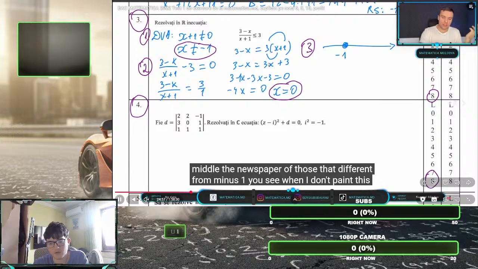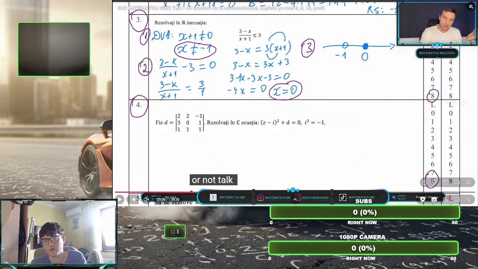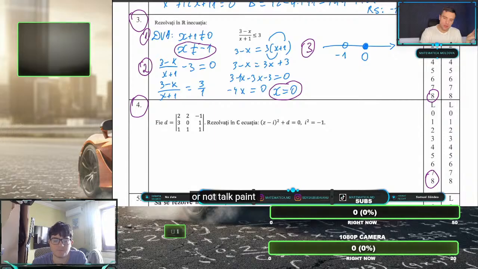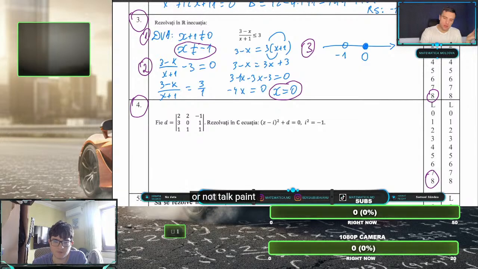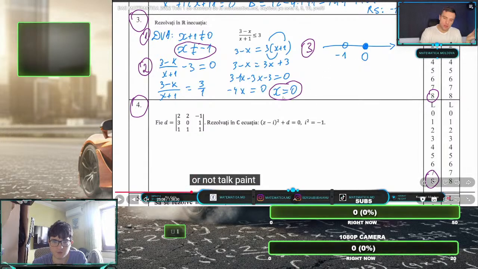Now what you gotta do is put it on a graph. I think you can do this without putting it on a graph, but I guess it's easier to do with a graph. So you put the 0. I think if it's just equal, you make the dots colored fully.